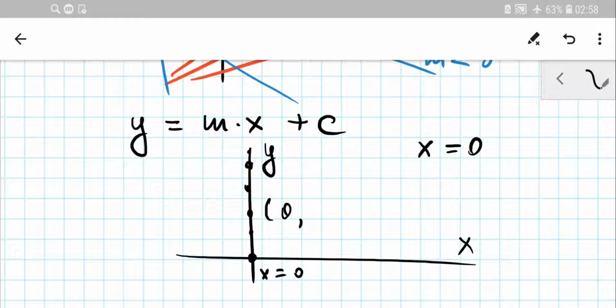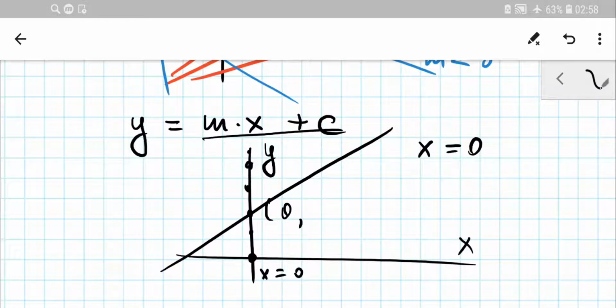So for our line that goes somehow, it will intersect the y-axis in some point A. And we know that the x coordinate for this point is 0. So can we find out the y coordinate for this point?